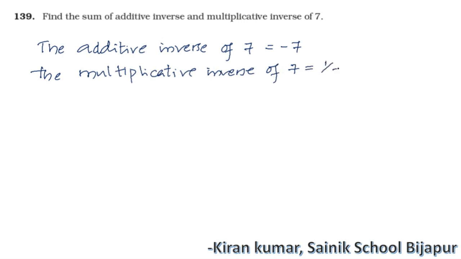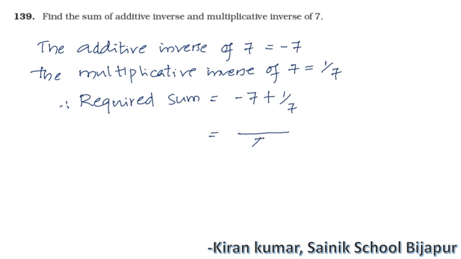This is 1 by 7. Therefore, the required sum is the sum of minus 7 and 1 by 7. Let's take the LCM. LCM is 7. Here we have negative 49 added to 1. This is the same as negative 48 by 7, which is negative 6 by 7.